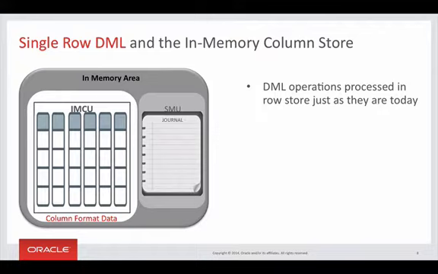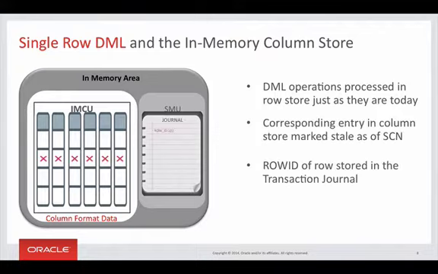But as the DML operation is being processed in the row store, the corresponding entry in the in-memory column store is going to be marked stale as of the SCN of that transaction, of that update. And a corresponding entry will be written into the journal that's going to contain the row ID for the changed row.